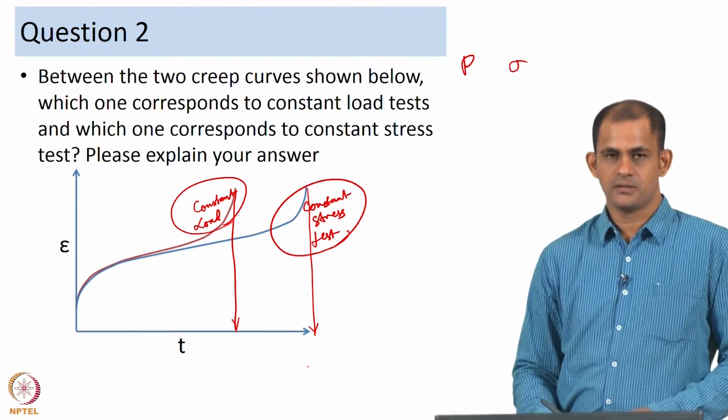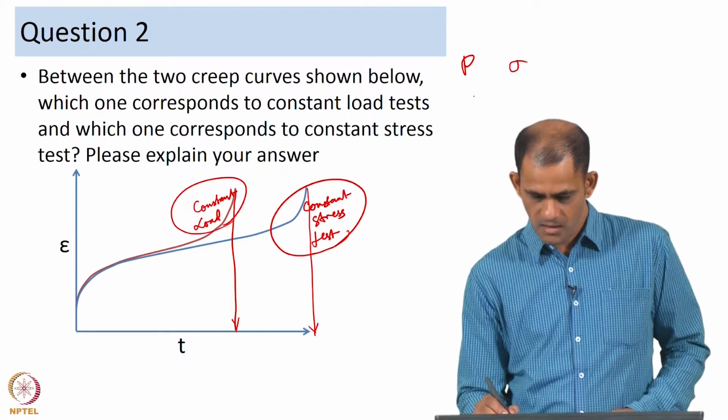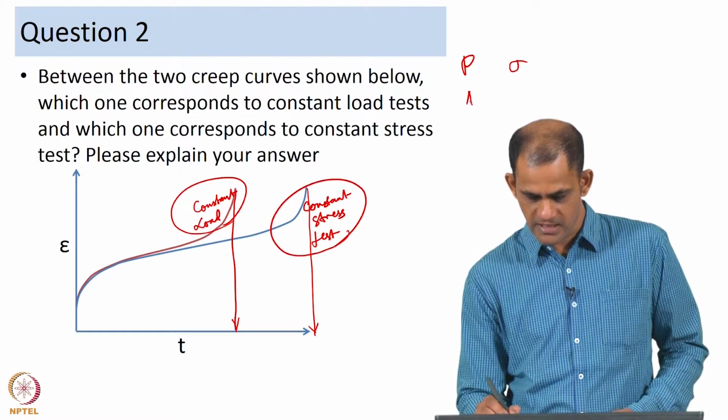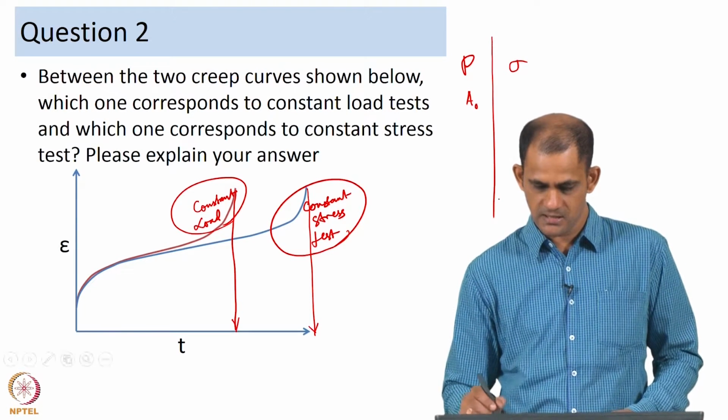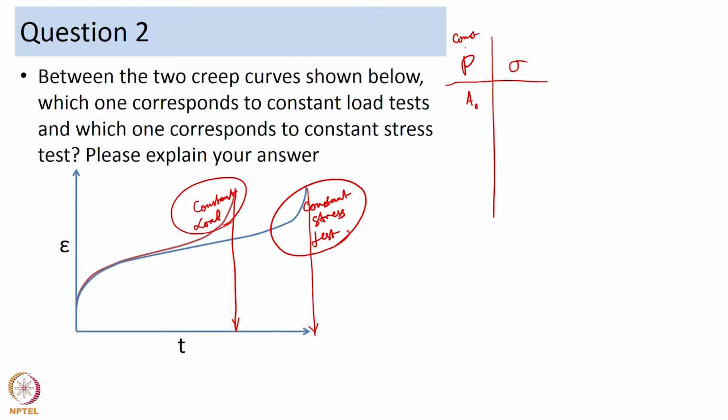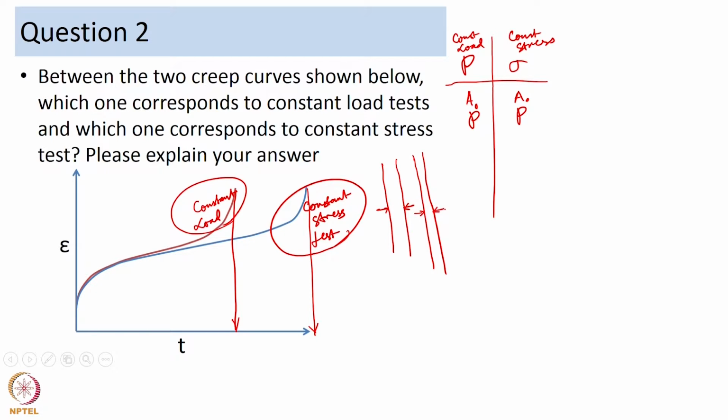So, the explanation is as follows. Say the initial cross sectional area was A naught in both cases. For constant load, the applied load was P in both cases, and since P is going to stay constant, as the material starts extending, the cross sectional area is going to come down.